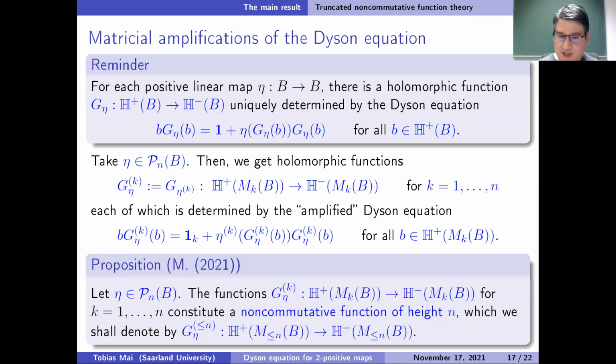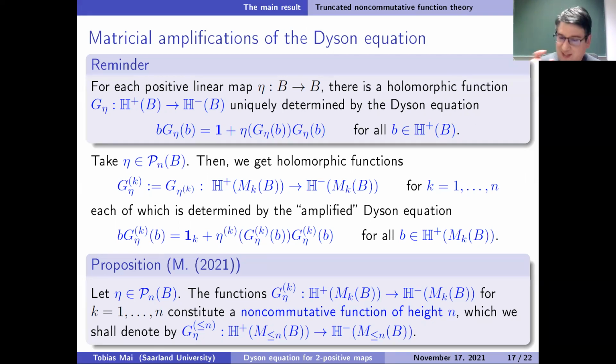And then the observation is that these functions together, if you just take these abstract solutions of the Dyson equation and combine them level for level to a function from the non-commutative set of height n given by the upper half planes, then it combines to a non-commutative function in this sense.